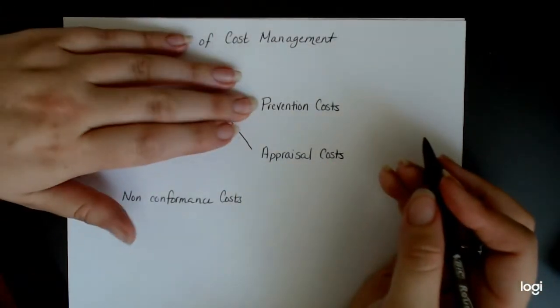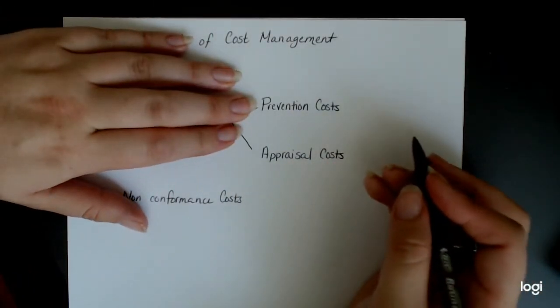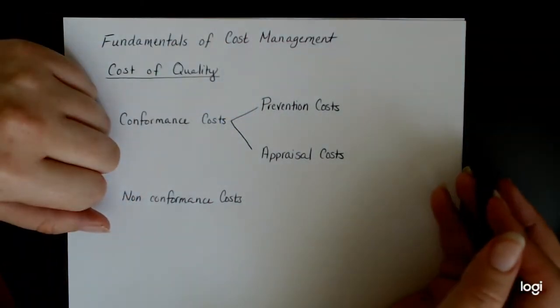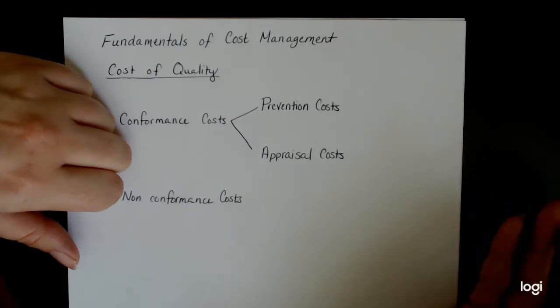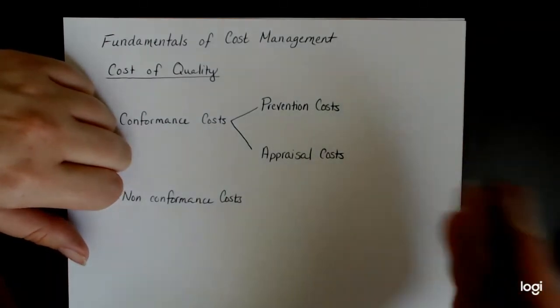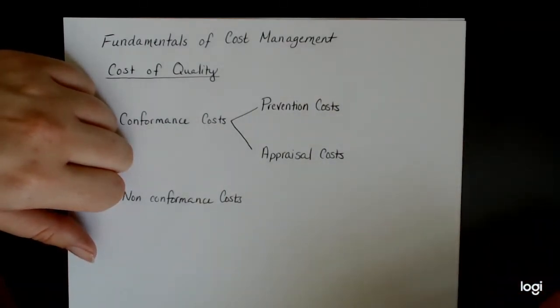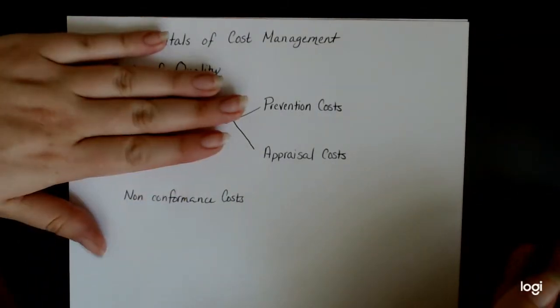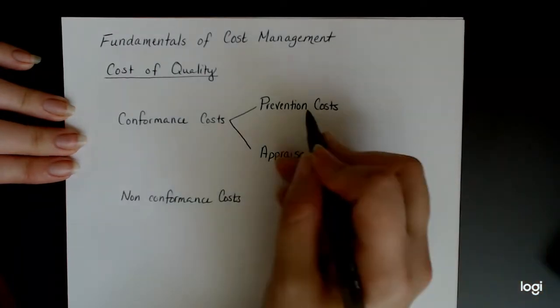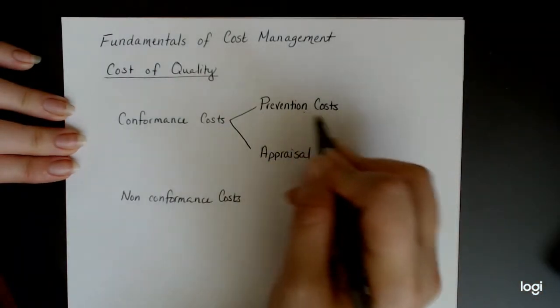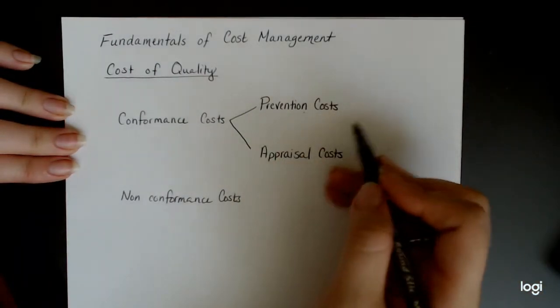So prevention costs are things like inspecting our raw materials or inspecting our equipment that is producing our goods, training our staff to ensure our manufacturers, our assembly line, do have the appropriate training to understand how we want our items to be produced.